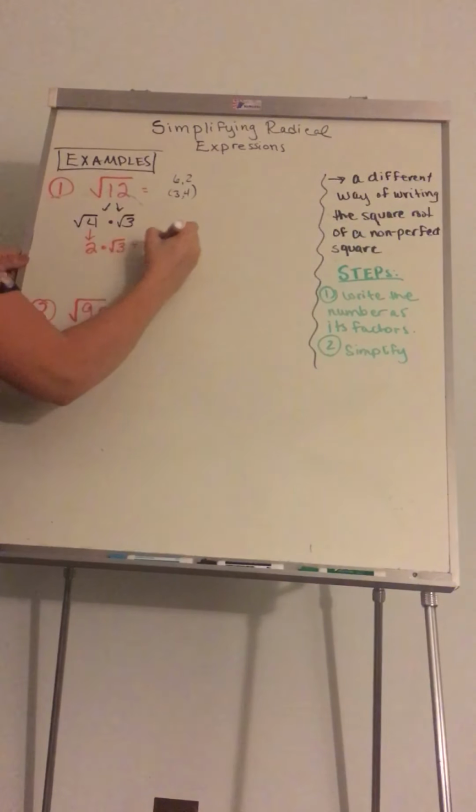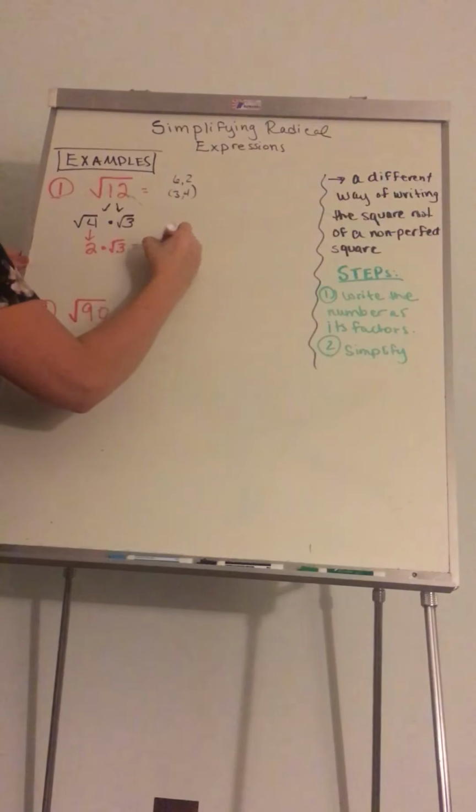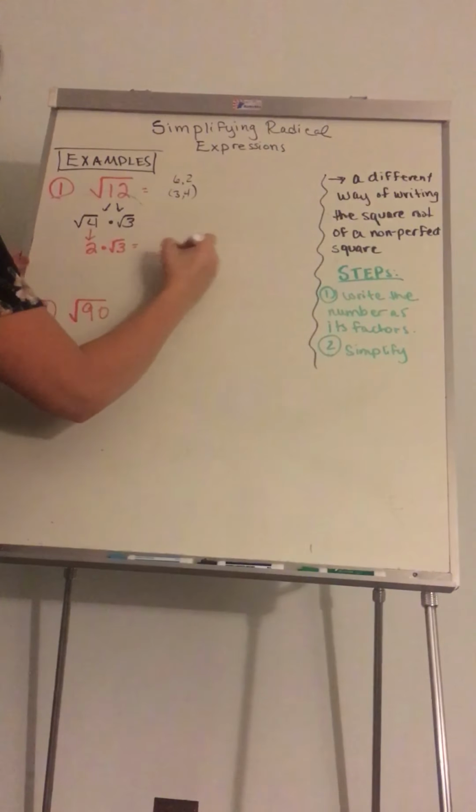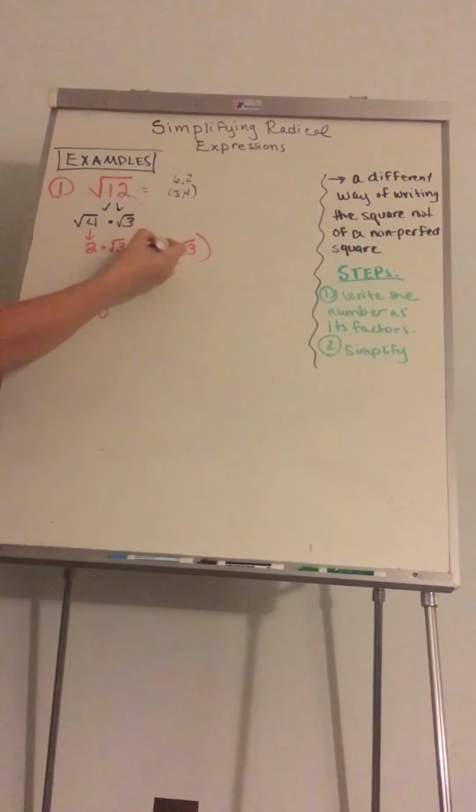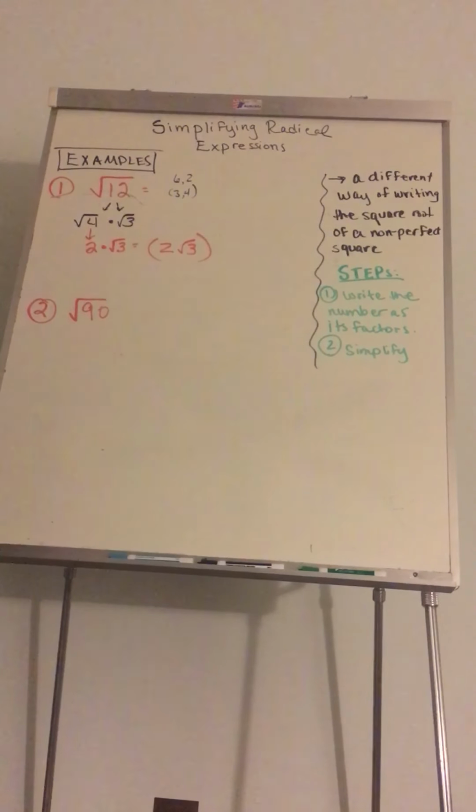So the complete answer is 2 the square root of 3. This is a simplified way of writing an imperfect square root. So let's move on to 90.